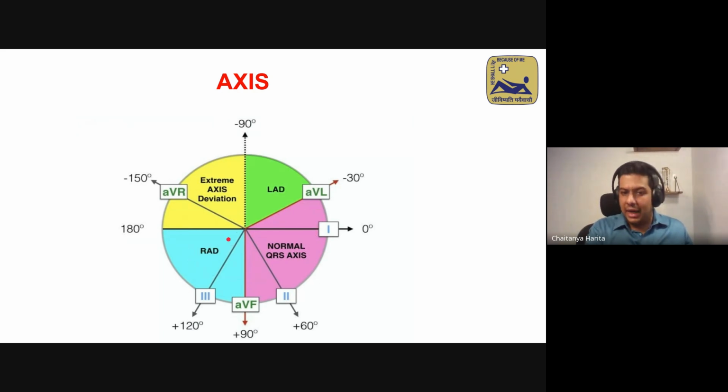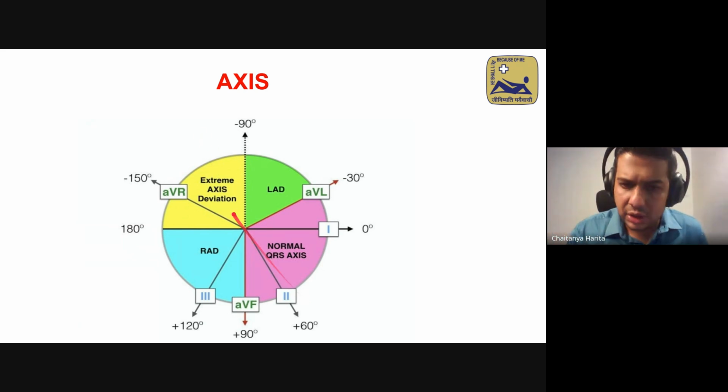Normally, if you look at the heart, we look at two leads: lead 1 and AVF. Lead 1 goes from the right arm to the left arm, and AVF goes from the center of Einthoven's triangle to the foot. So the normal axis of the heart is between lead 1, which is horizontal, and AVF.